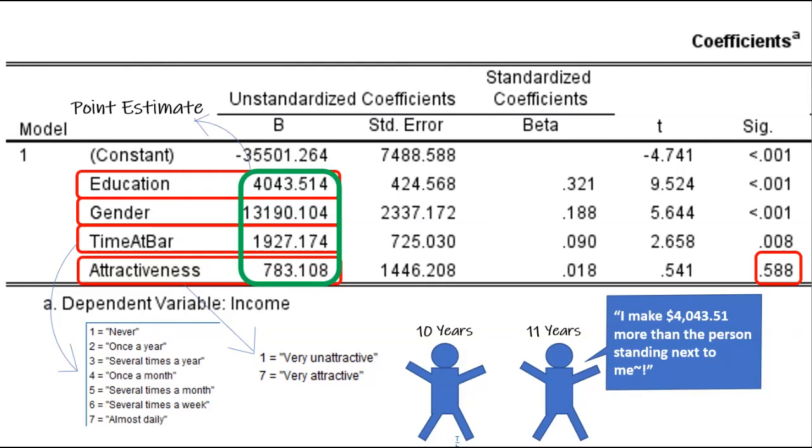Well, if the coefficients are likely to be slightly different every time you draw another sample, then wouldn't you be interested in estimating a range within which we can be 95% confident that the true population parameter resides? The answer is given in the 95% confidence interval for B column.